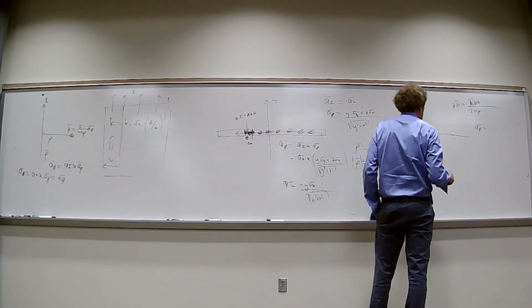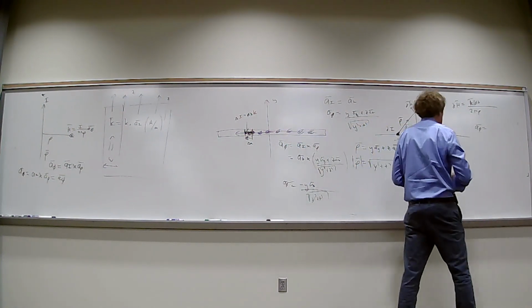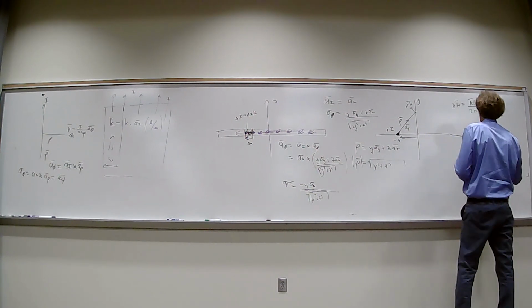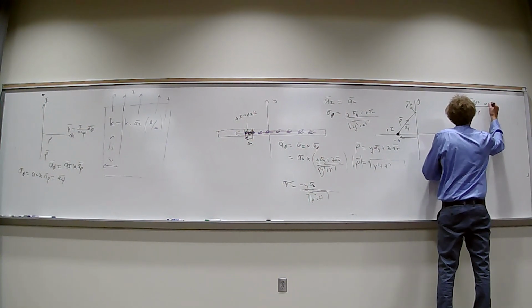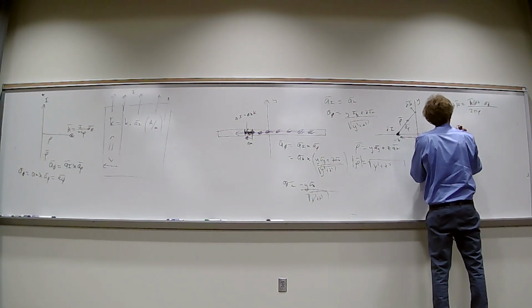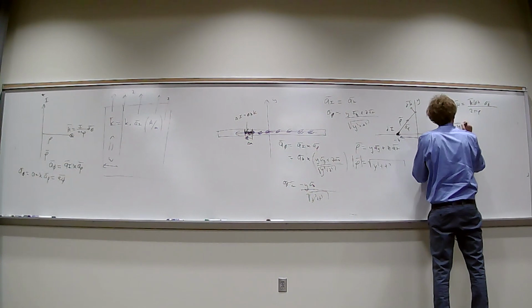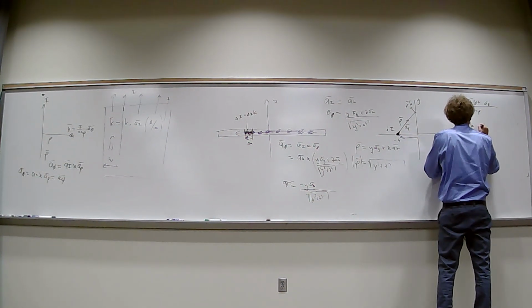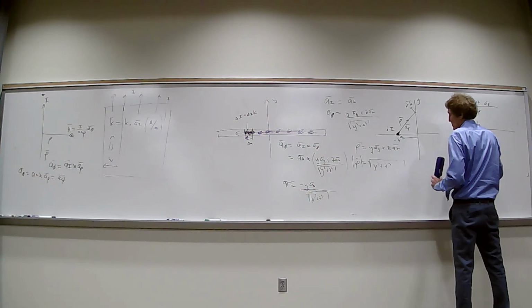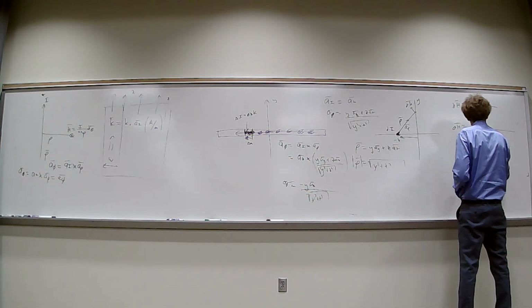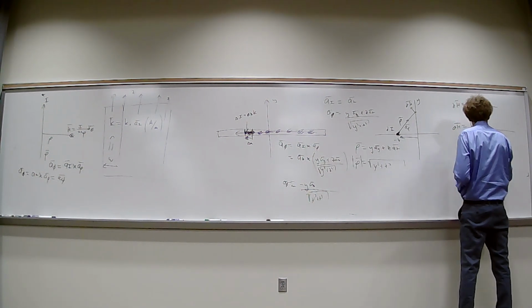Then you're going to come over here and I'm going to do this right now. Now to get the total H field, I say first the H is going to be equal to K dz over 2 pi, and then I have rho, and that's going to be y squared plus z squared.